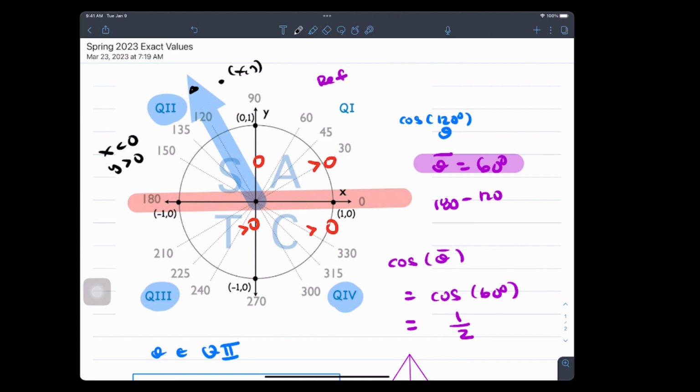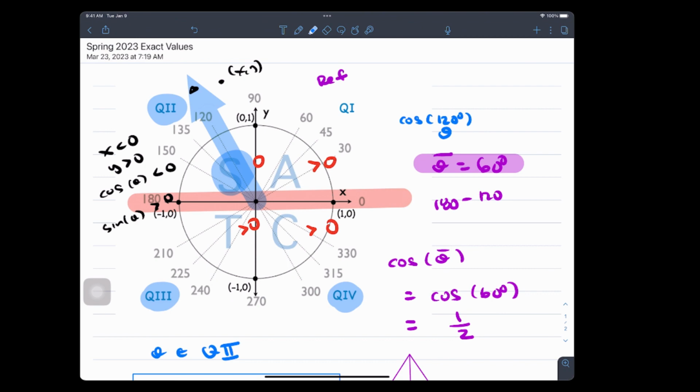What do the circular functions say? Cosine of the angle is x, that means cosine's negative. Sine of the angle is y, that means sine is positive. So they're just telling you, listen, in quadrant 2 only sine's positive, and actually its reciprocal cosecant. But the other two are negative. That's it.